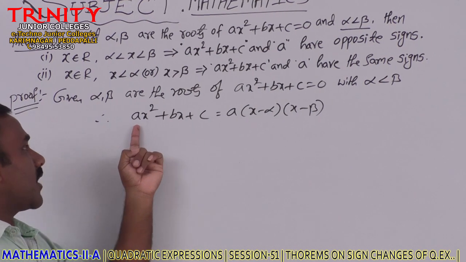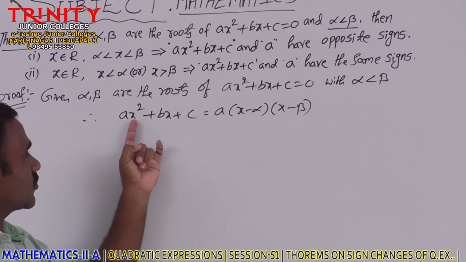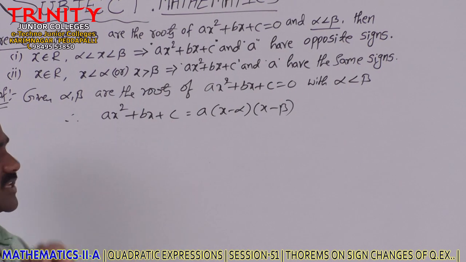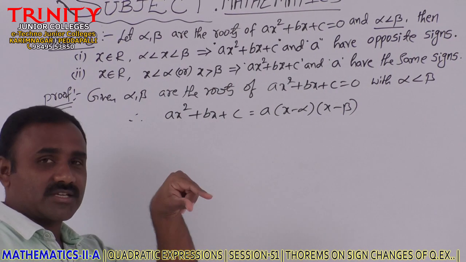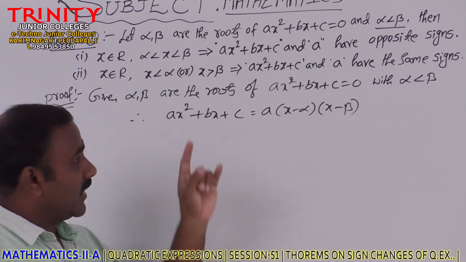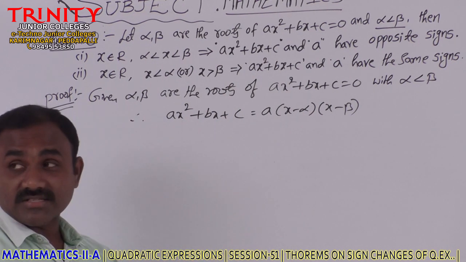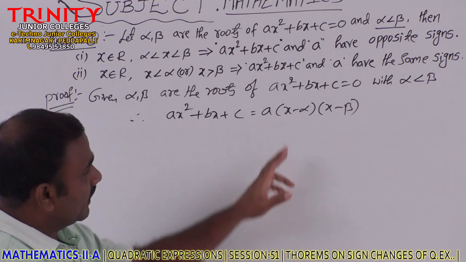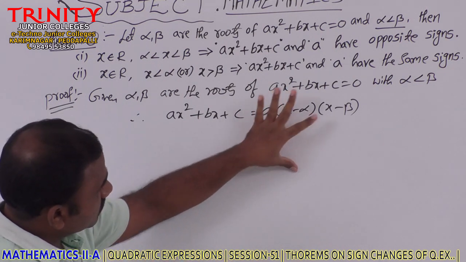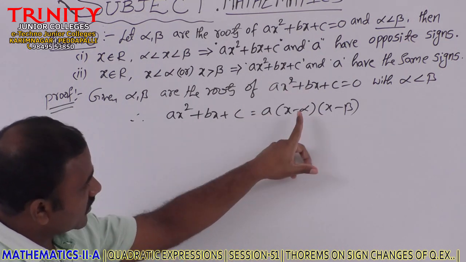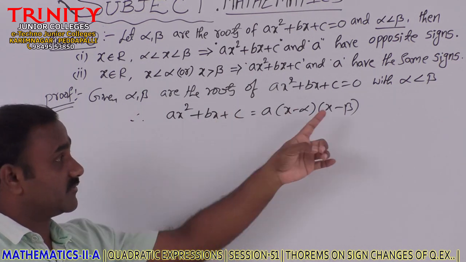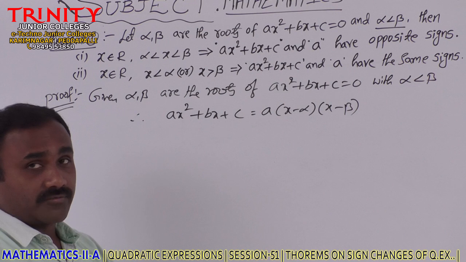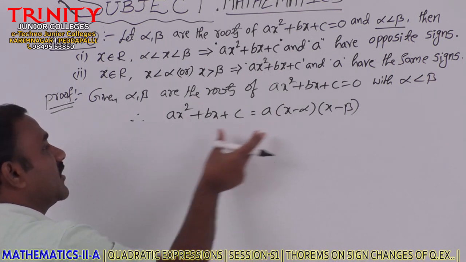If you take a as common, then it becomes x square plus b by a into x plus c by a. Here b by a is nothing but minus the sum of the roots, and c by a is nothing but the product of the roots. Therefore, it becomes x square minus alpha plus beta into x plus alpha beta; in place of alpha plus beta we replace minus b by a, and the product of the roots alpha beta as c by a, and after simplification we get this quadratic.